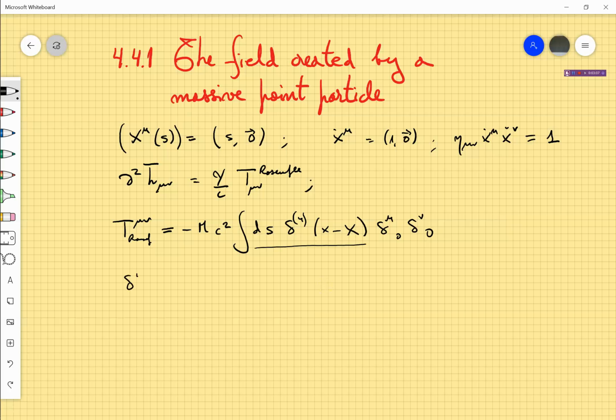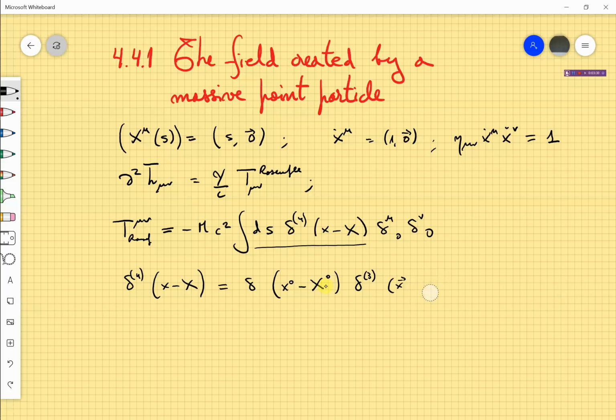This delta 4 can be split into delta of x0 minus capital X0, and delta 3 of x minus capital X. But this capital X is 0.